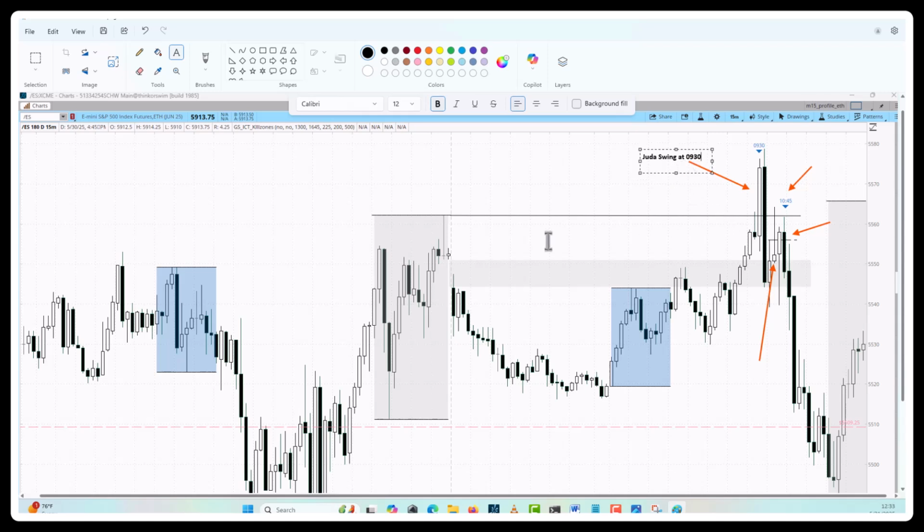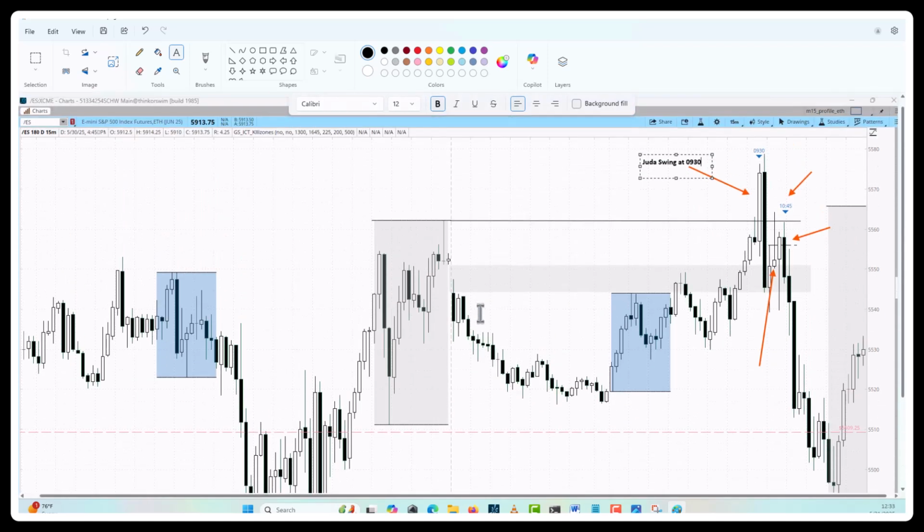Keep in mind, the Utah swing always happens when it has to take out liquidity, a swing or stop loss hunt right there. The Utah swing at 9:30 right there. And right here we have the first step of a full breakout type 2.